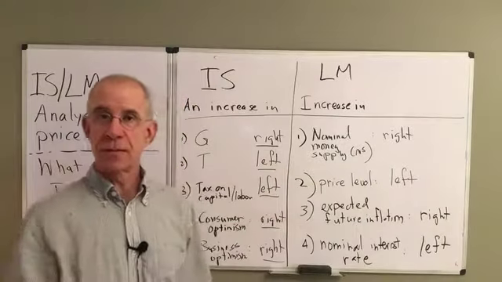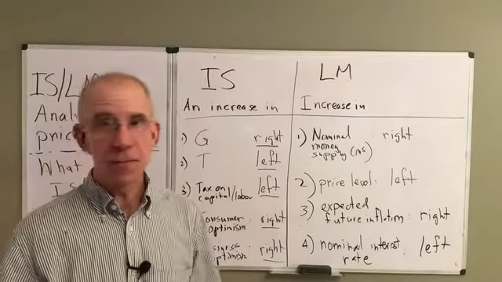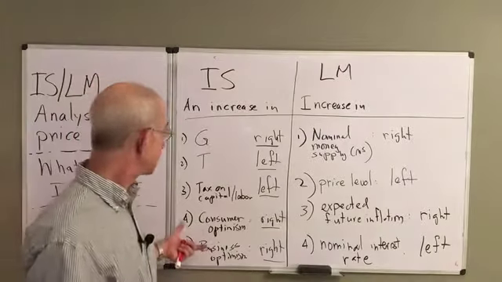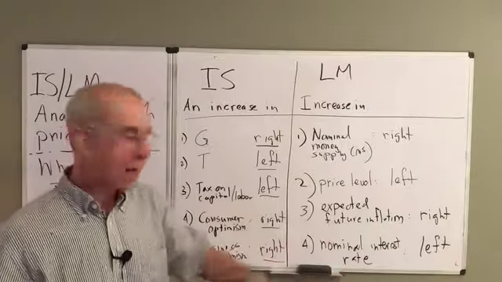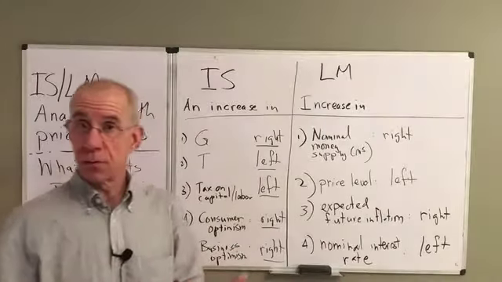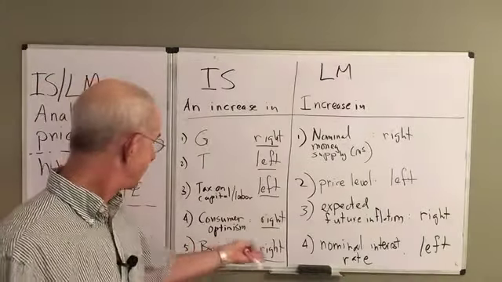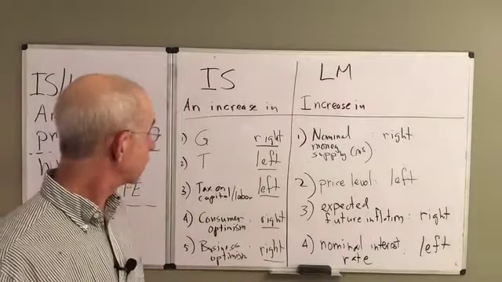If there's increased consumer optimism for whatever reason, you'll tend to see more spending on goods and services today. Shift the IS curve to the left. If there's improved business optimism, it shifts the IS curve to the right.